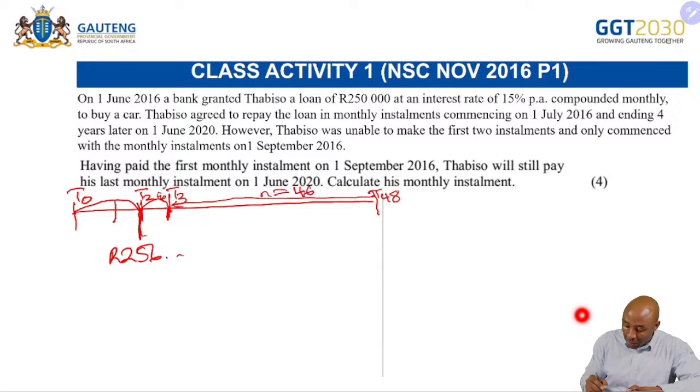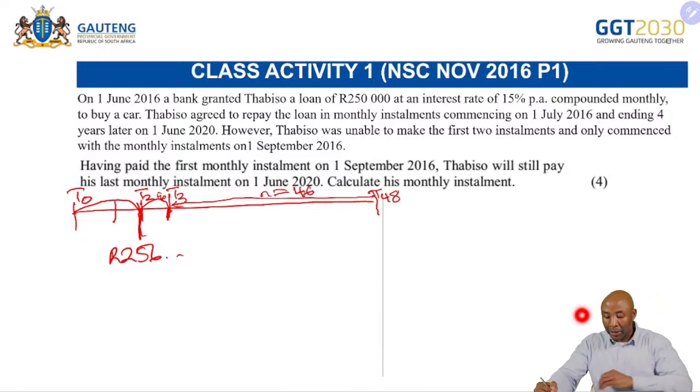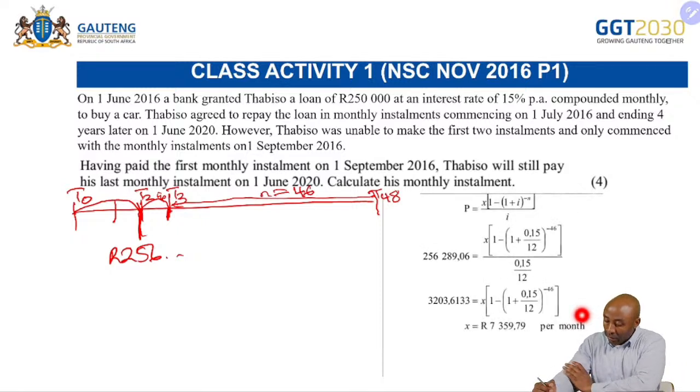So the N that we are going to substitute in order to calculate the X in this case will be 46. We substitute into our present value annuity formula and we should get our monthly installment as 7,359.79. That is the new monthly installment that Tabiso has to pay. We move on to the next one.